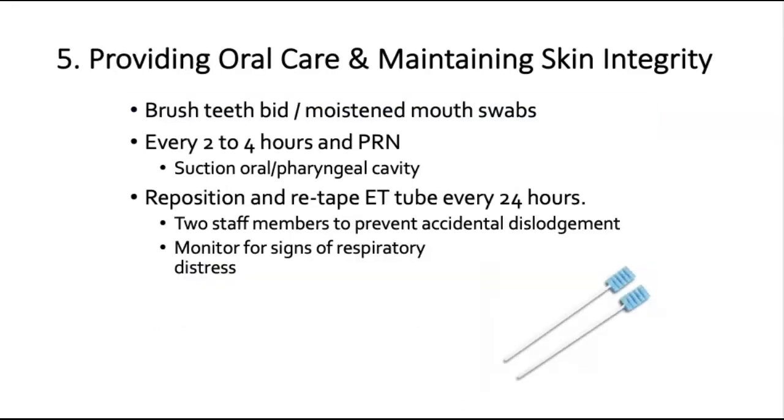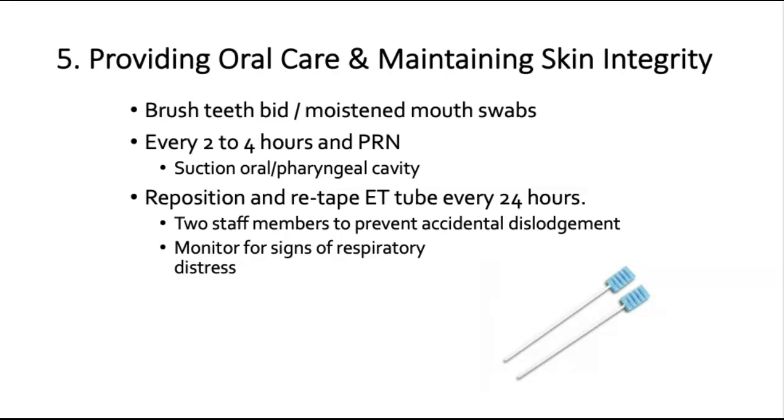Number 5 is providing oral care and maintaining skin integrity. Oral care should include toothbrushing twice a day, along with the use of moistened mouth swabs and frequent oral pharyngeal suctioning with a Yankauer to provide comfort and to prevent injury to the gums and plaque accumulation. The ET tubes should be repositioned and retaped every 24 hours as needed.